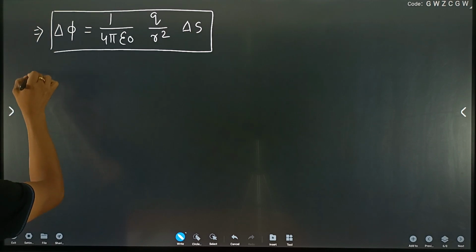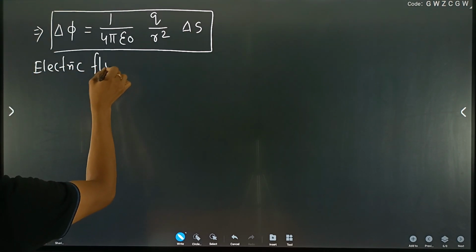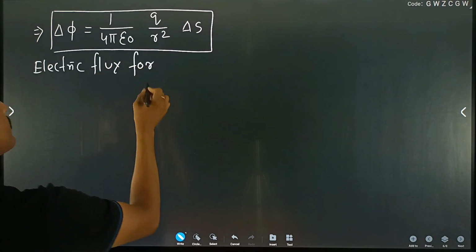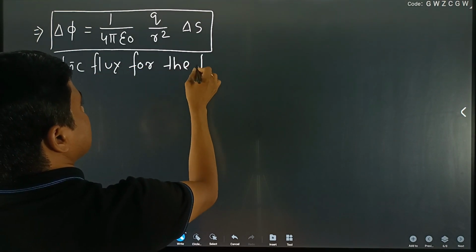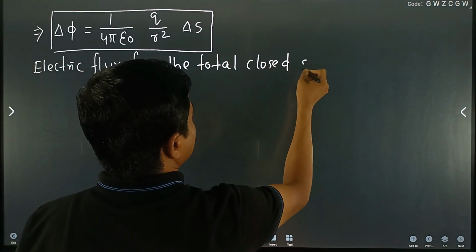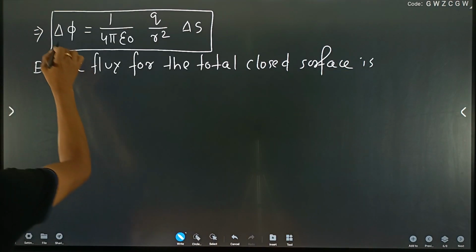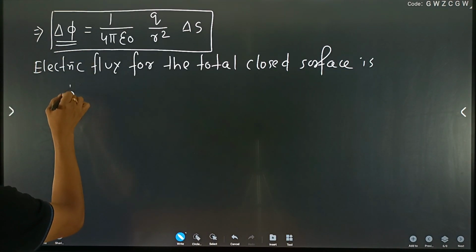And for the total surface, what is the electric flux? We write electric flux for the total closed surface is, in place of del phi, we write suppose phi.